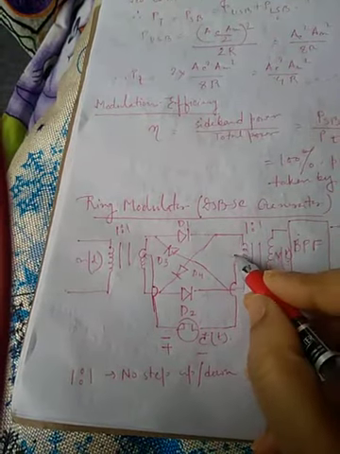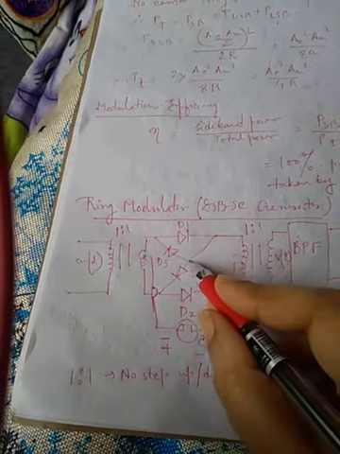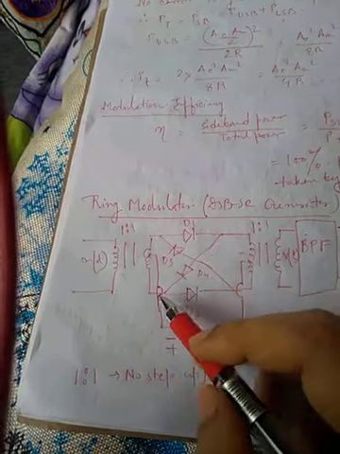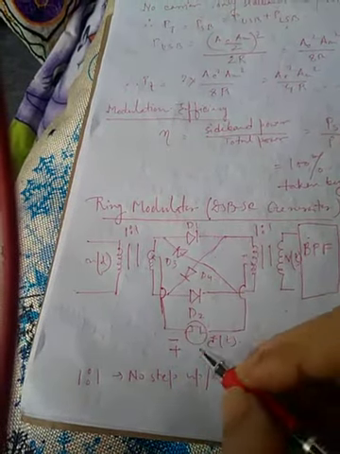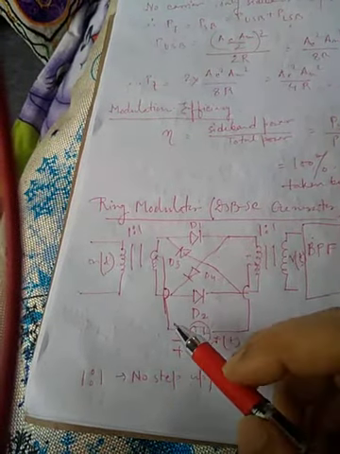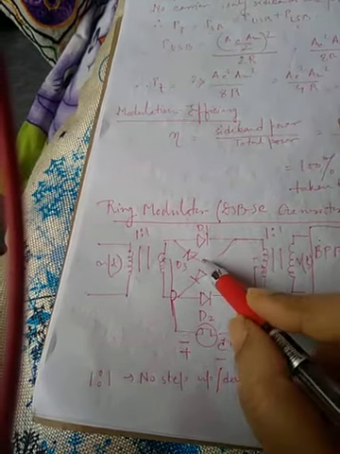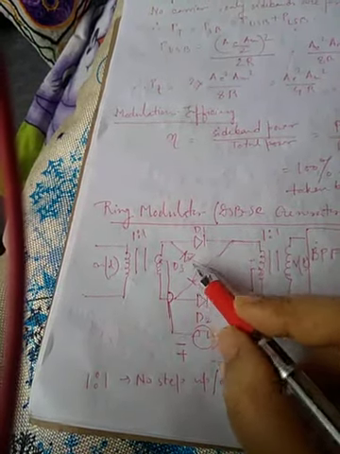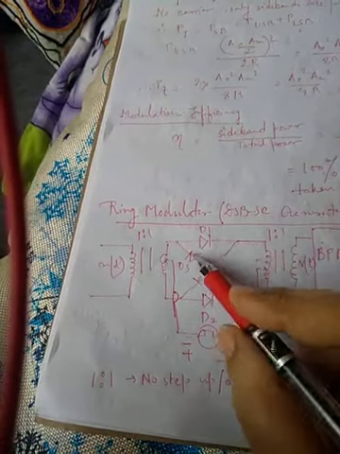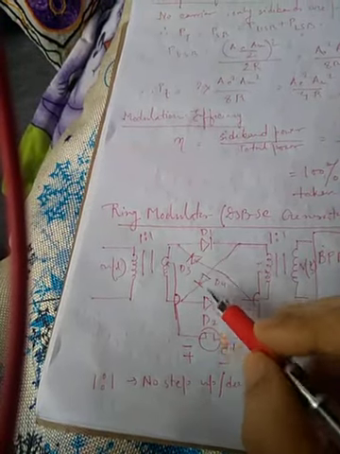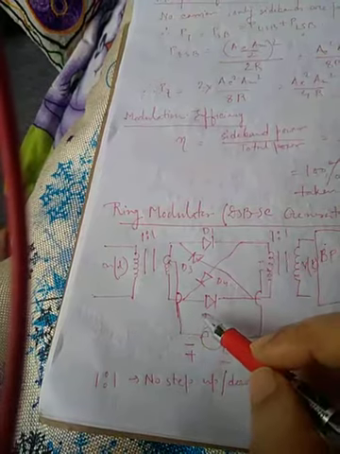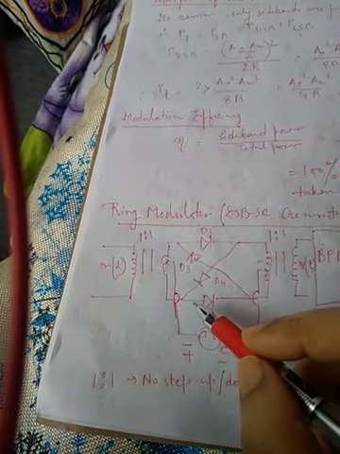Suppose this is positive, so this positive signal will pass through D4, and here also the positive signal will pass through D3, so that will make both D3 and D4 forward biased and D1 and D2 reverse biased. Clear?